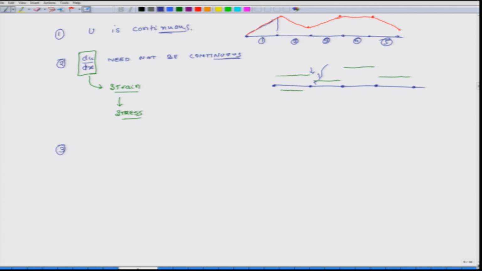So, stresses and strains converge slower compared to the primary variable. Primary variables converge faster relative to secondary variables.